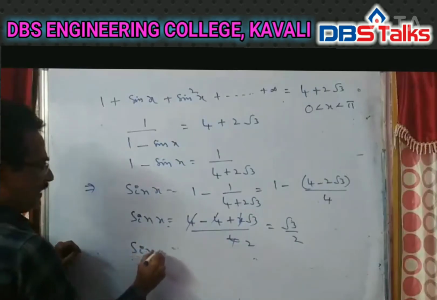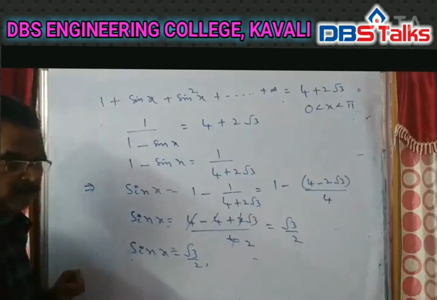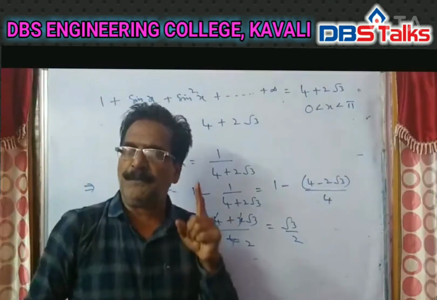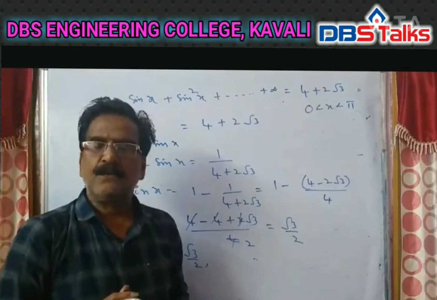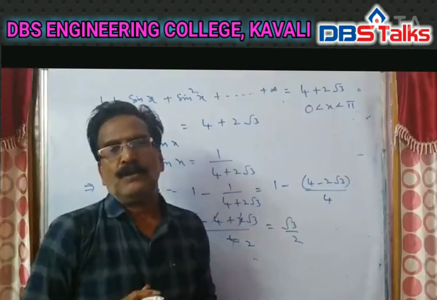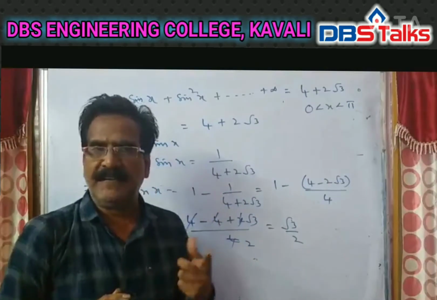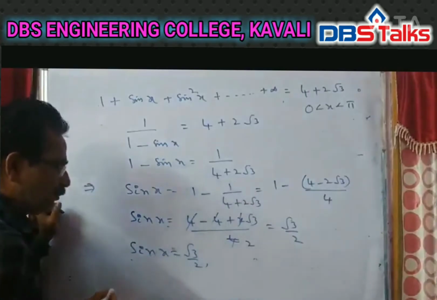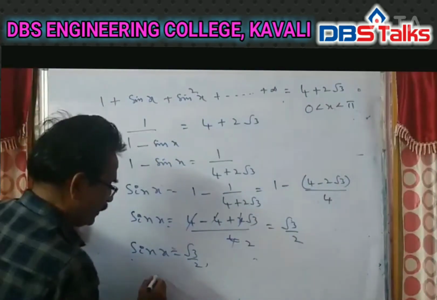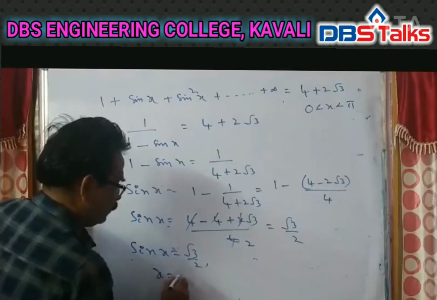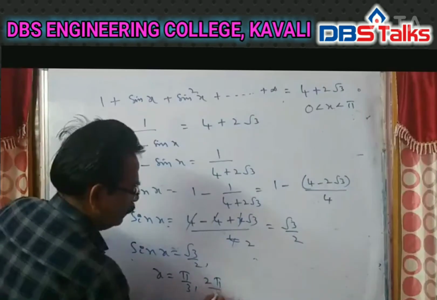Sin x is equal to root 3 by 2 means x is equal to pi by 3, since sin 60 is root 3 by 2. And also sin 120, that is sin of 180 minus 60, is also root 3 by 2. So the solutions of sin x equal to root 3 by 2 are x is equal to pi by 3 and 2 pi by 3.